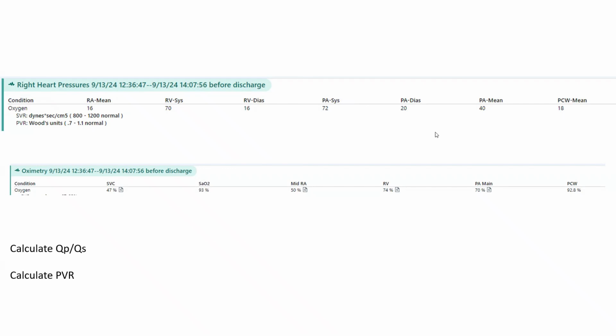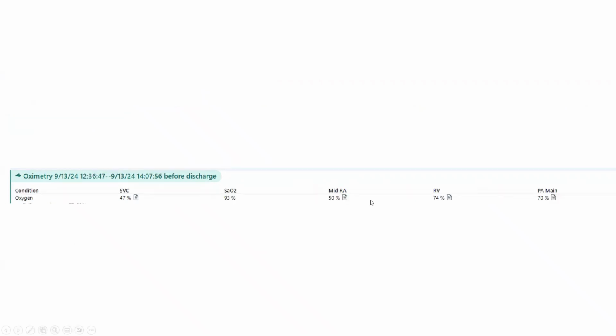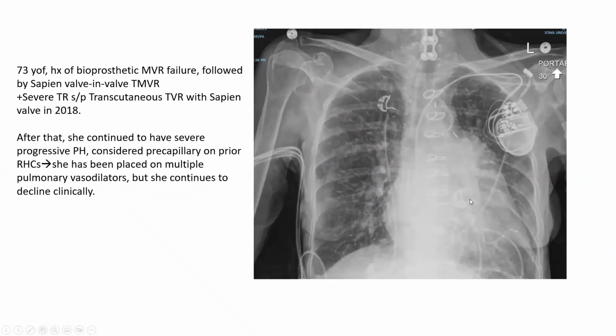And since this patient did not have a high output, our next thought was shunt, which was indeed confirmed by oximetry. And this shunt may be iatrogenic, related to the valves, whether during placement or later on, shunt at the ventricular septum or the low interatrial septum.